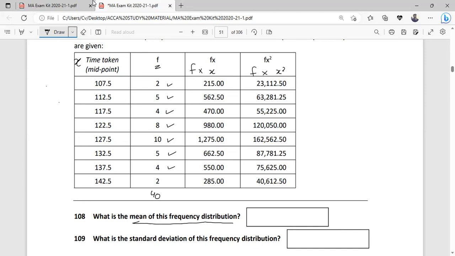And similarly, we will add up all the values of the fx. So with the help of a calculator, 5000 is the total sum.